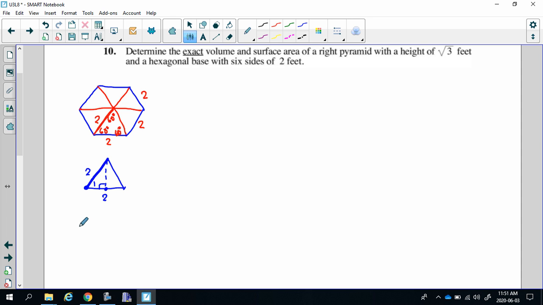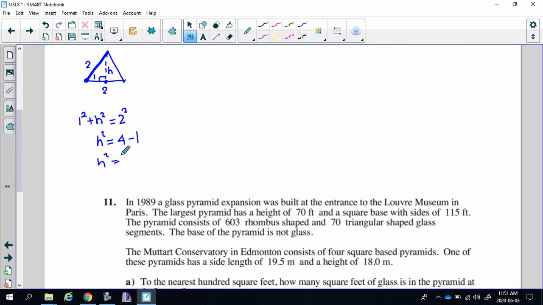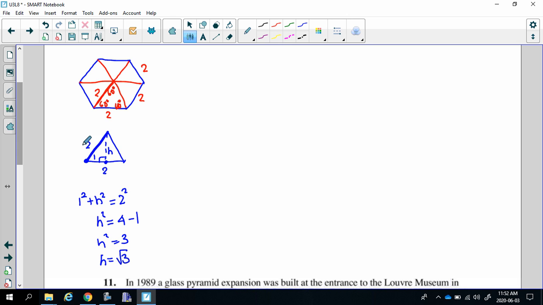So that is going to be 1 squared plus h squared is equal to 2 squared, because this is my hypotenuse. h squared is equal to 4, take away 1. h squared is equal to 3. Therefore, h is equal to √3. Okay, so I've got the height of the triangle.